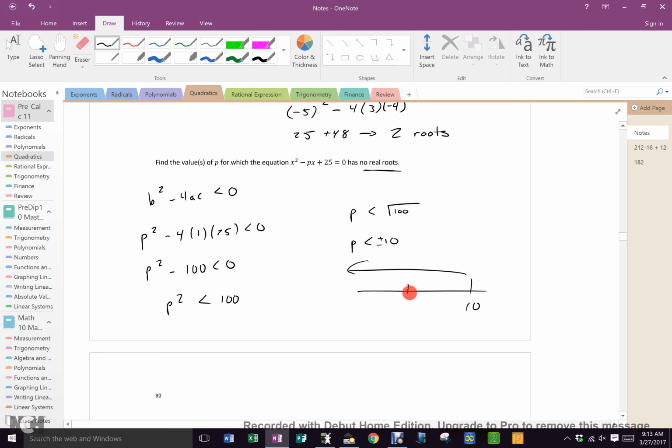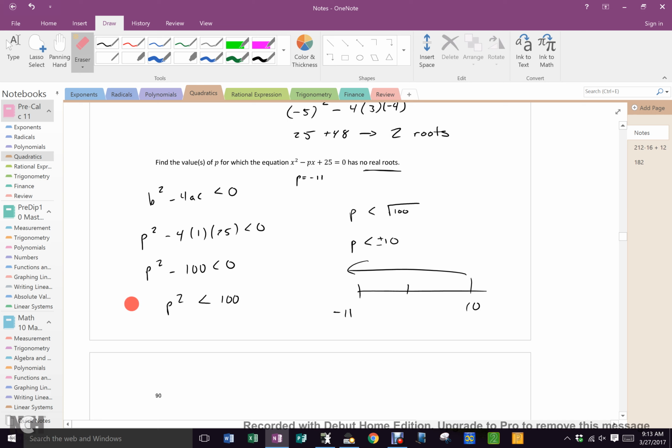But what happens if I use negative 11? P is now negative 11. What's negative 11 squared? 121. 121 minus 100. Isn't that okay?